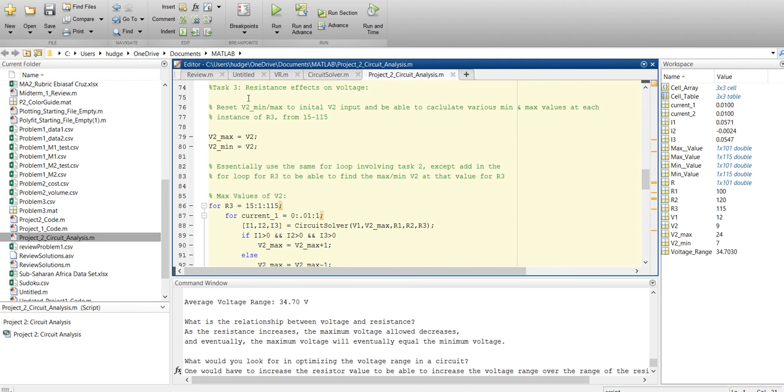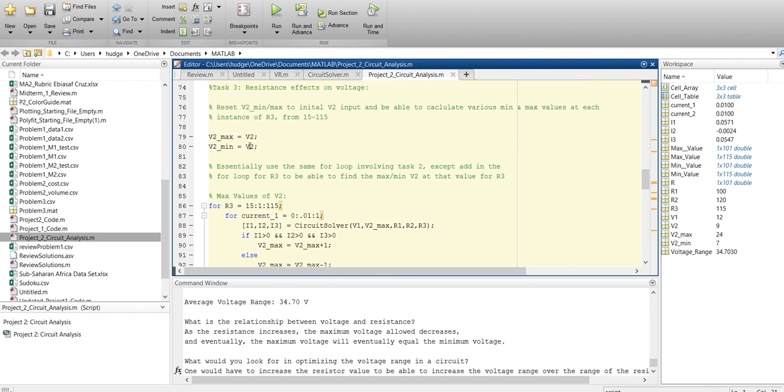For the third task is the resistance effects on voltage. So we're going to reset the second voltage min and max to the initial second voltage input from the user, and then be able to calculate the various min and max values at each instance of the third resistance value from 15 to 115 ohms.